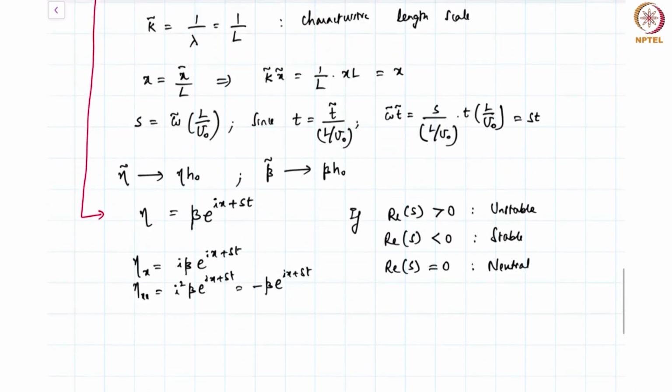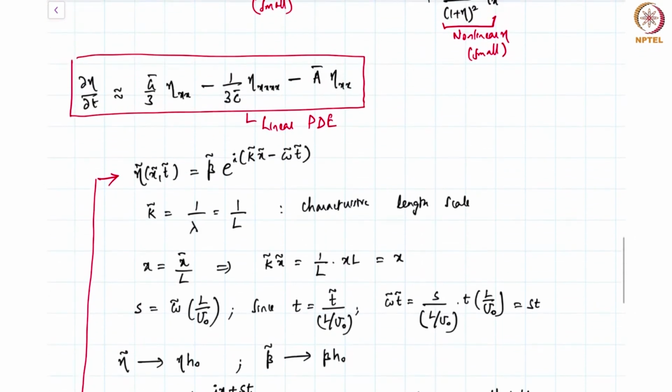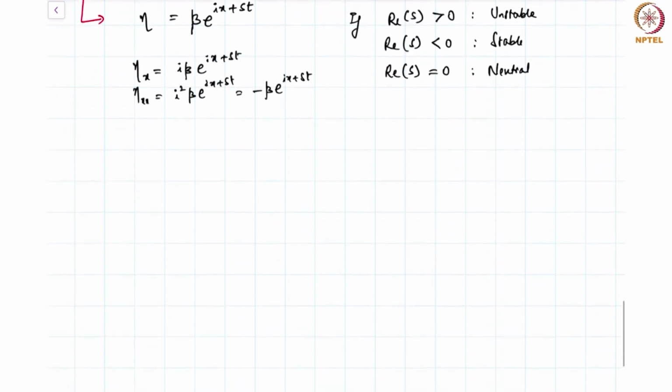If we substitute all these derivatives of eta, including the time derivative on the left hand side, into the linear PDE that we have derived, then we get a simple algebraic relationship.